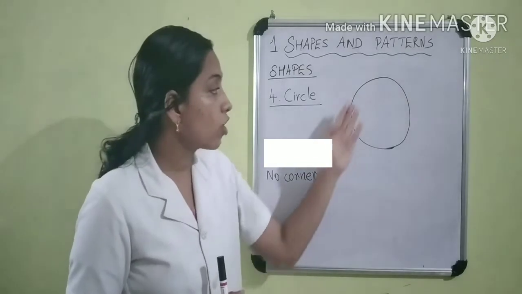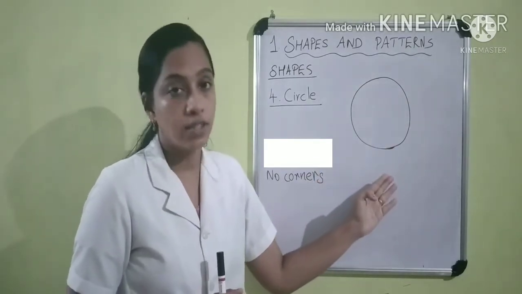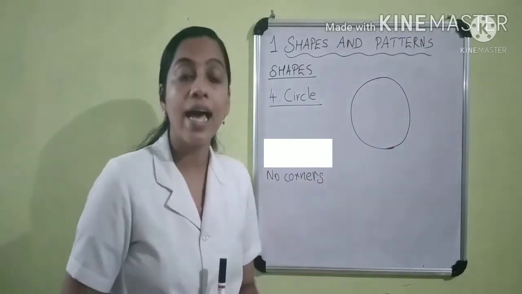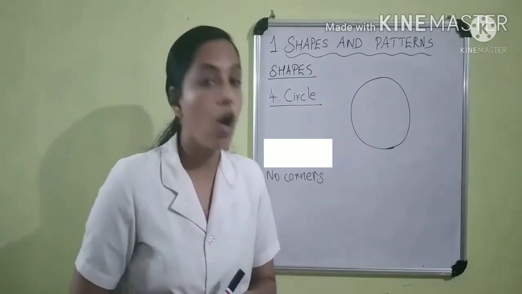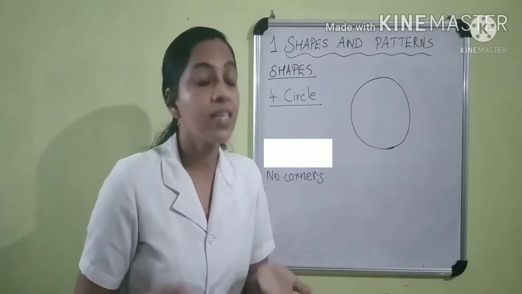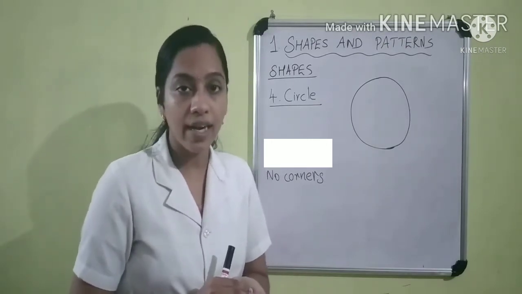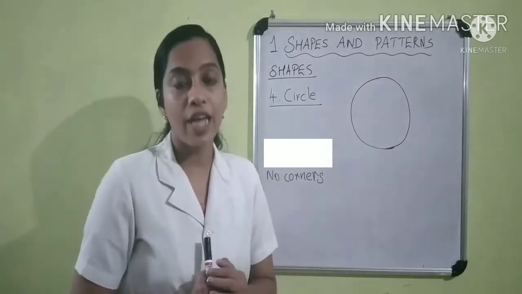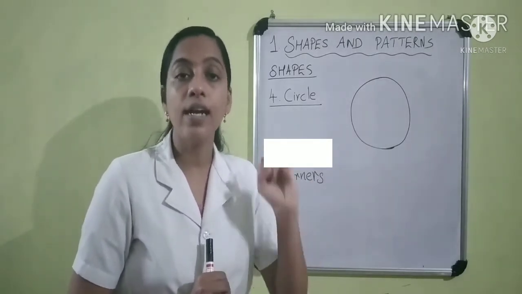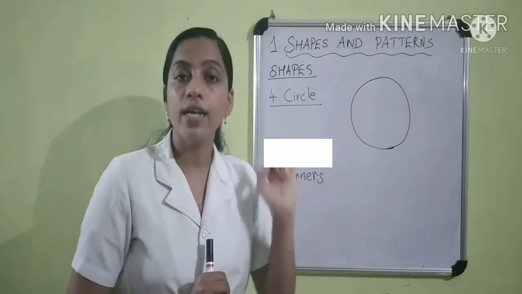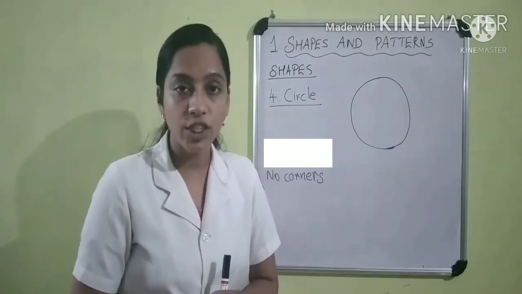Can you see a corner in a circle? No. That is, a circle has no corners. That is, a circle has 0 corner. 0 means nothing. Okay, children. So, these are the shapes. Which are the shapes? Yes. Circle, triangle, square, rectangle. Okay, children?